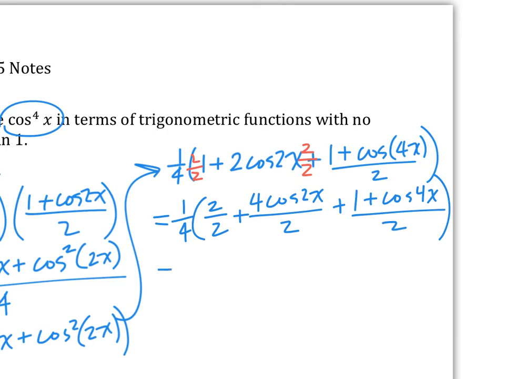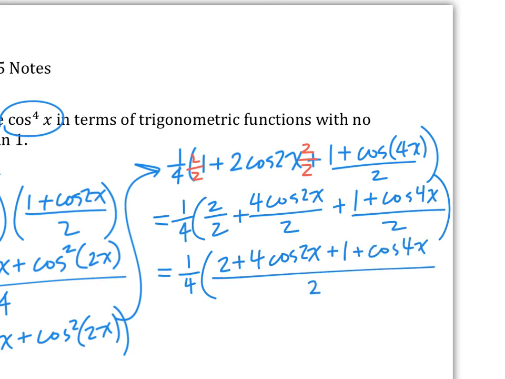Okay, now I'm going to combine all the numerators together. 2 plus 4 cosine 2x plus 1 plus cosine 4x all over 2. Now we have a common denominator. I can take it out of the entire expression. So this is 1/8.